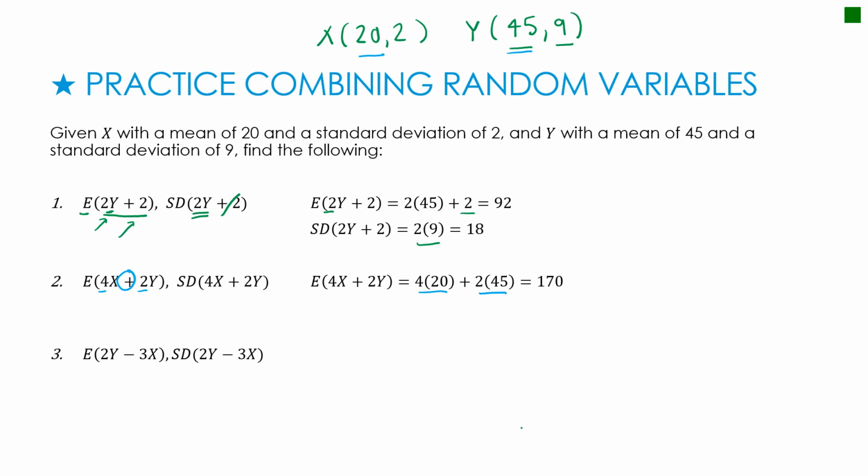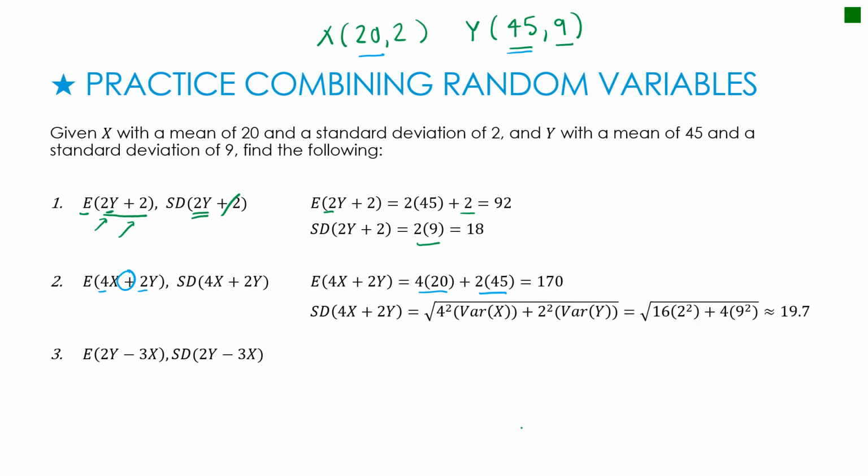Now the standard deviation, a little bit trickier because I can't just multiply the standard deviation because these numbers aren't the same. So I have to now look at the variances. So I am again using that strategy that said if I'm taking the variance of 4x, I got to move the 4 out here and make it 4 squared. If I'm taking the variance of 2y, I have to take the 2 out here and square it.